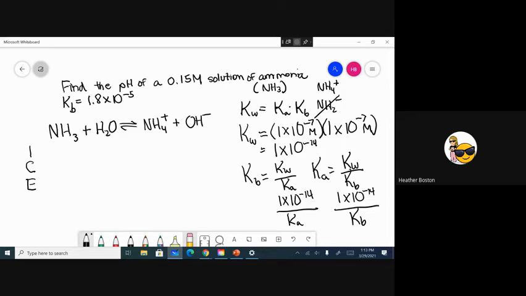Can anybody name a strong base? OH minus. So if you're looking at the chemical formulas, what would you be looking for? OH is a good one. It's got to have OH on it.